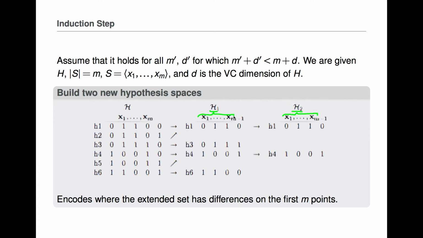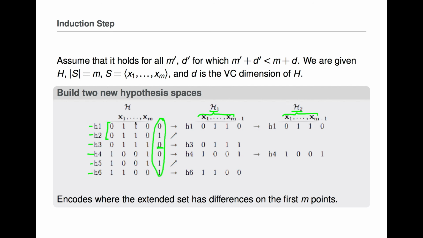And so how do you break up your original hypothesis space? Look at all of the hypotheses, and we're going to need to put them into different sets depending on how they classify the mth example. We'll take a look at prefixes over the first m-1 examples.